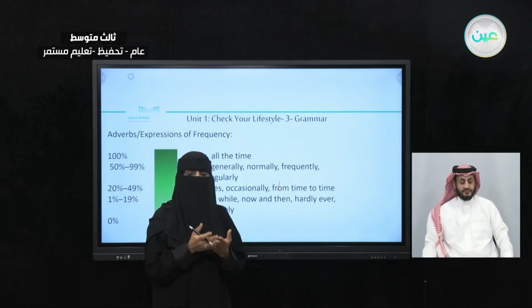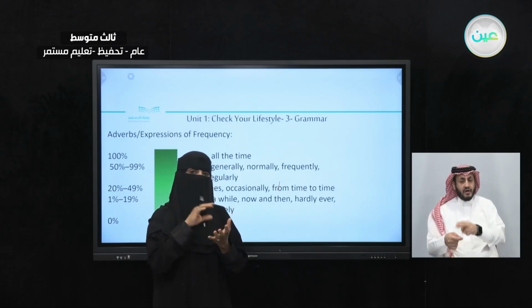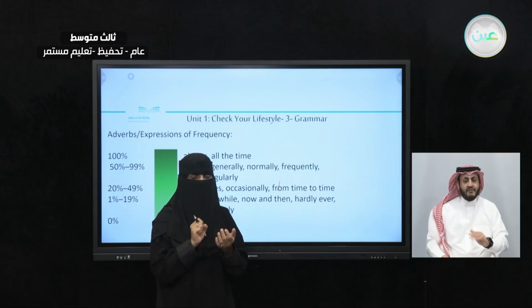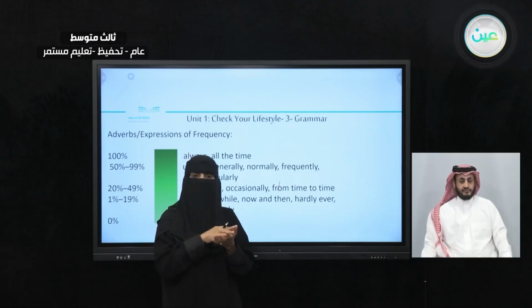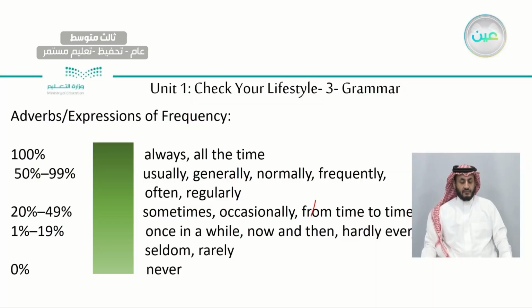Okay. Now we know how to form the present tense. We have to practice how we use the adverbs of frequency and put it in the simple present tense. Use it in the sentences, questions, negatives, okay? So first of all, we have to be aware of the different uses of adverbs of frequency.